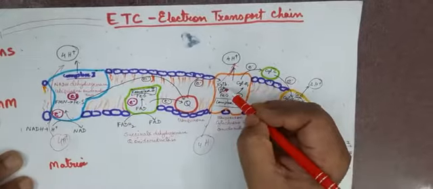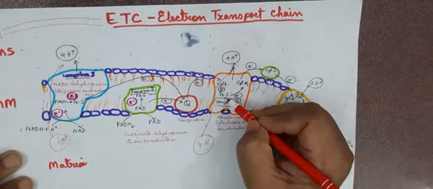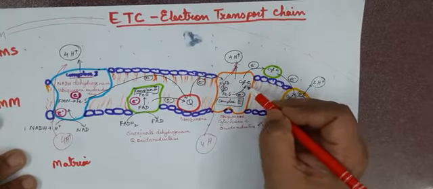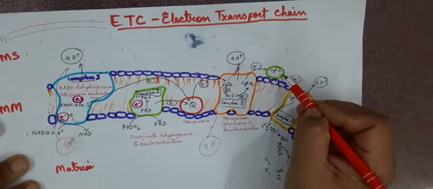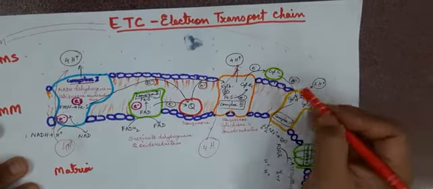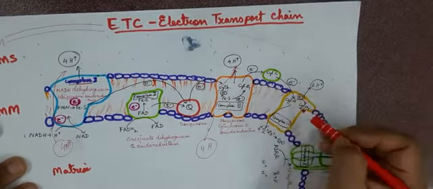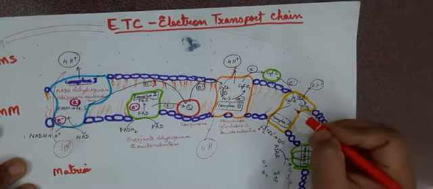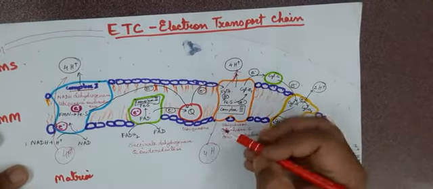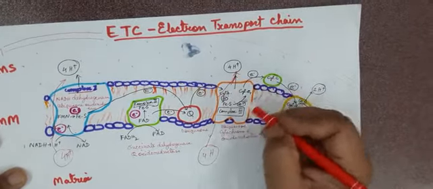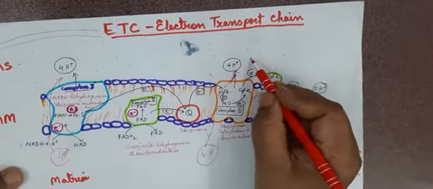So it is accepted by cytochrome B, then cytochrome B passes it to the iron sulfur complex, then it is accepted by cytochrome C1, then cytochrome C1 passes it to cytochrome C, again the mobile carrier of the electron. This cytochrome C takes the electron from complex 3 and passes it to complex 4. Then, when this electron is passed, 4 hydrogen ions from the matrix are released into the mitochondrial space.